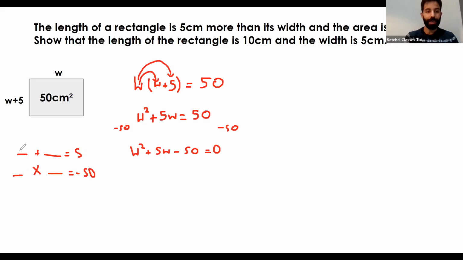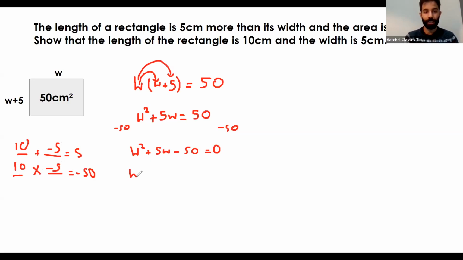So the factors of 50 are 10 and 5, and the difference between them is 5. So we need to think about 10 and 5. However, one of them has to be negative, so 10 plus negative 5 is the same as 10 minus 5, which is 5. Therefore, 10 multiplied by minus 5 is equal to negative 50.